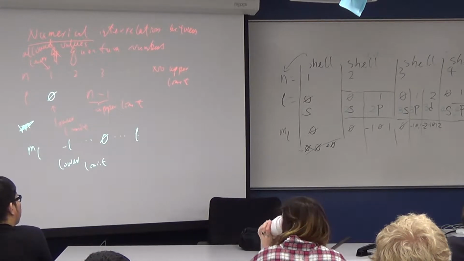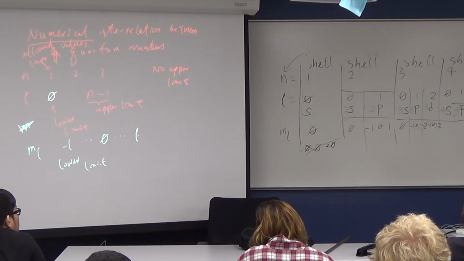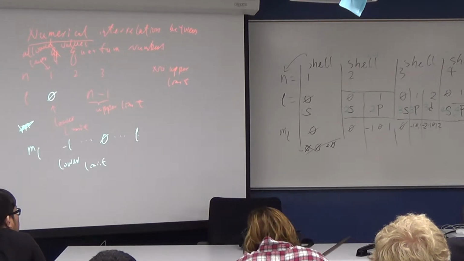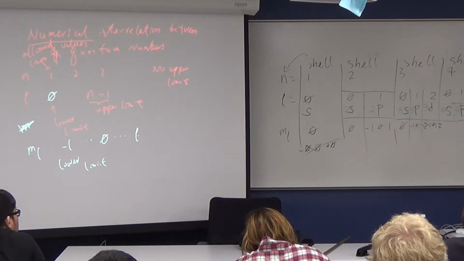And then D, like you have 5 of those. 4 of them have this kind of shape, and another one has this kind of shape. Alright, so this is S, and this is P, and this is D.